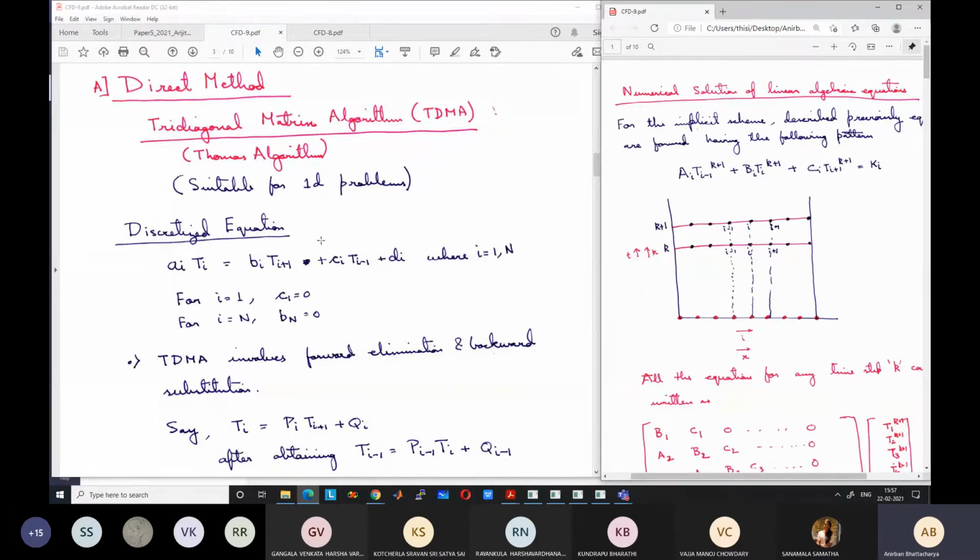The discretization method may be finite difference or finite volume; those are only for discretizing and getting this type of equation. Once this type of equation is obtained, we can use the same algorithms. Once we have n algebraic equations and n unknowns, we can use the same algorithm, like the TDMA method, for solving the equations.